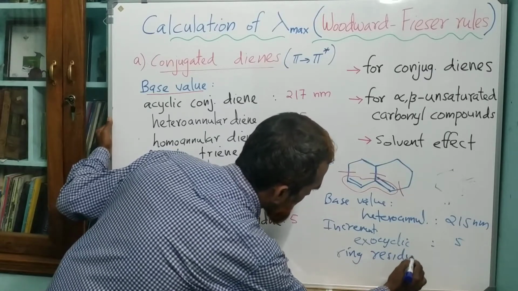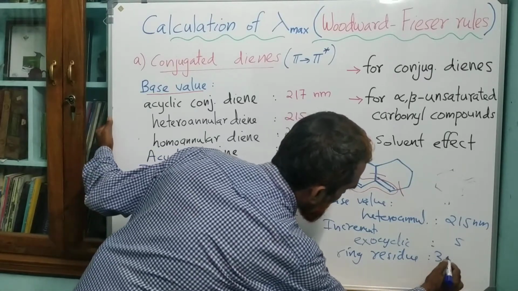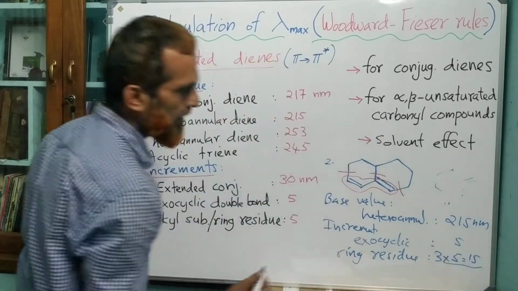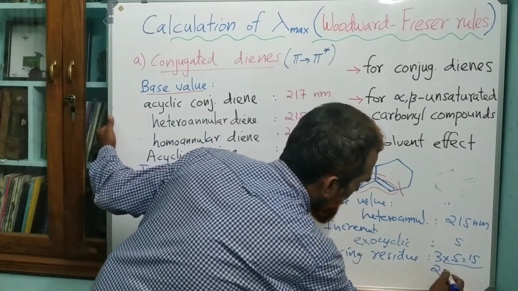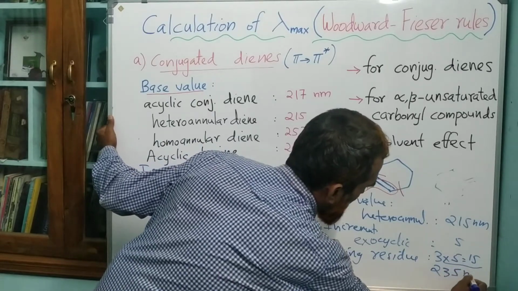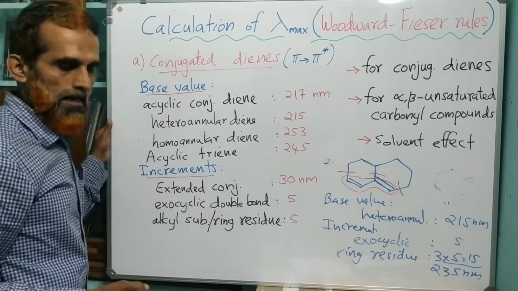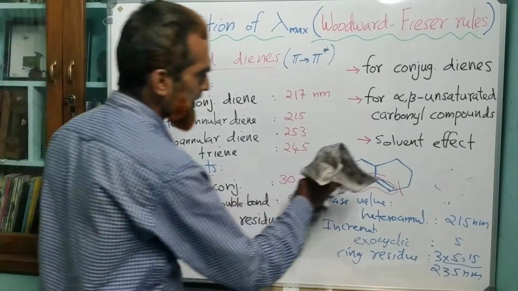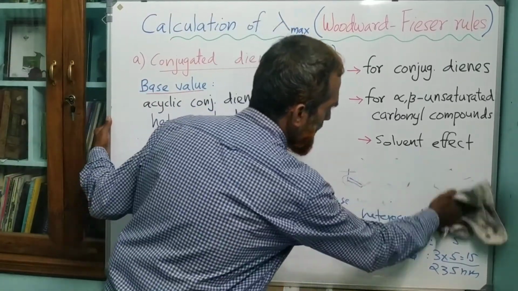Ring residues, there are 3 into 5 for each one, so 15. So what is the total? It is 235 nanometer. Okay, that is the lambda max of this compound. Right? Let us discuss another example now.